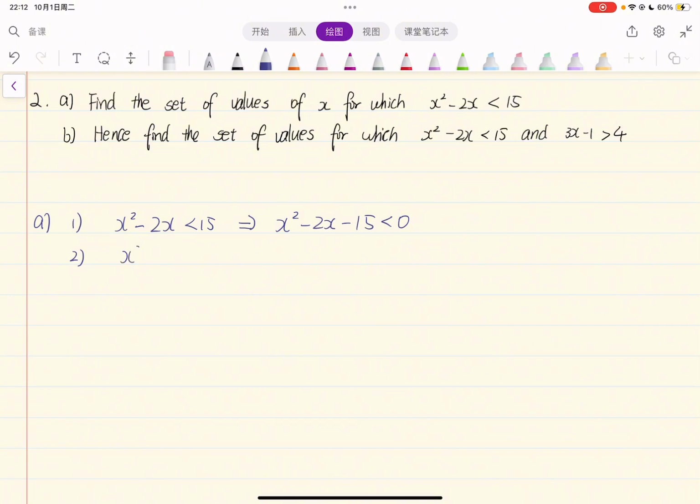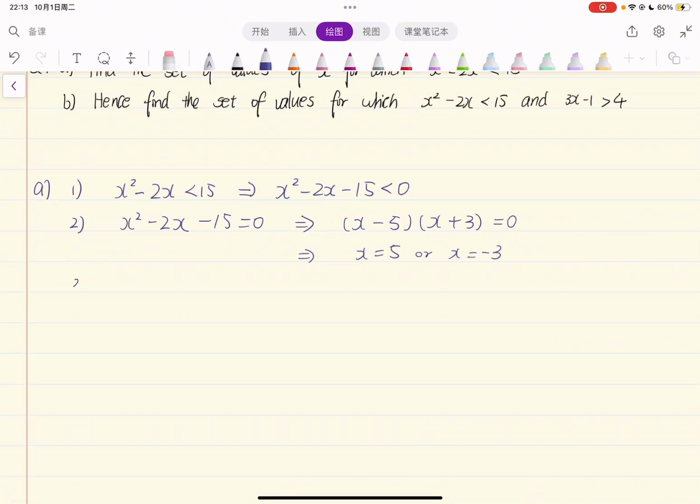So we want to solve x squared minus 2x minus 15 equals 0, which implies that (x minus 5) times (x plus 3) equals 0. So x equals 5 or x equals minus 3.